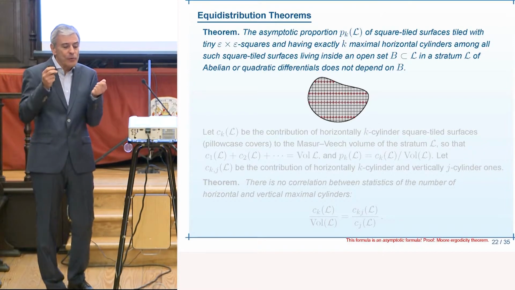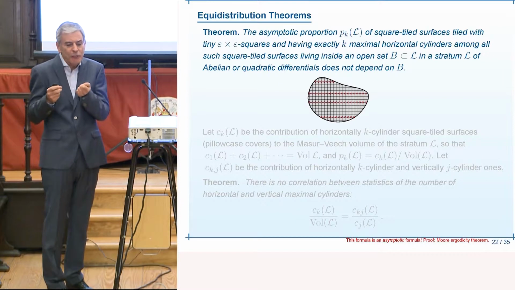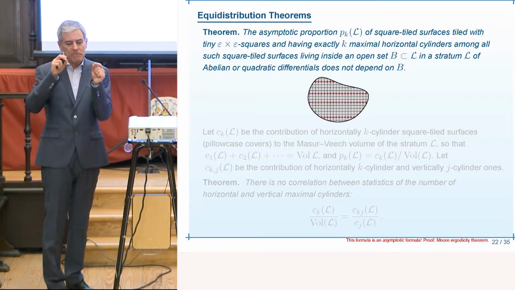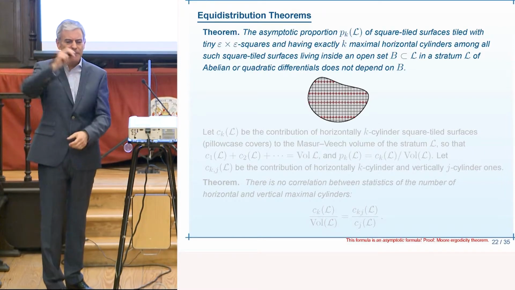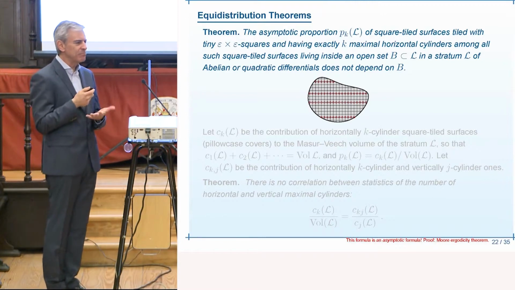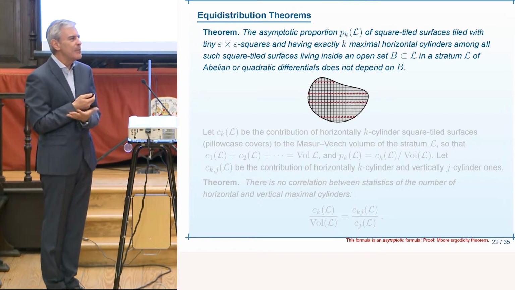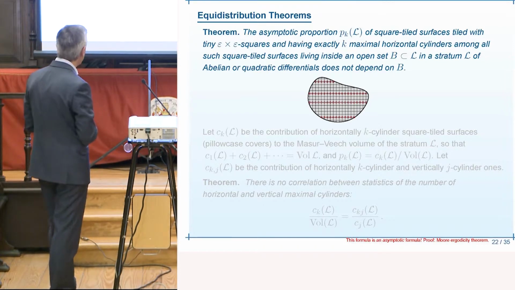So when you deform your surface, the number of cylinders can vary drastically because you tile your surface with tiny squares and you will have very long bands wrapping around the surface. So the number of cylinders behaves sort of strangely under deformation. And here is the first theorem.